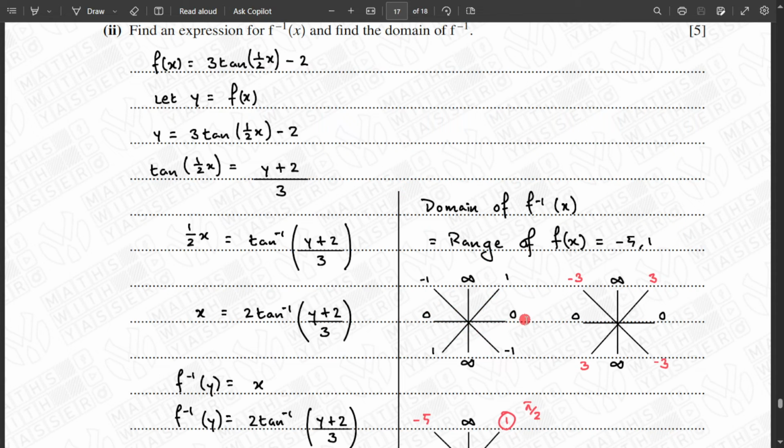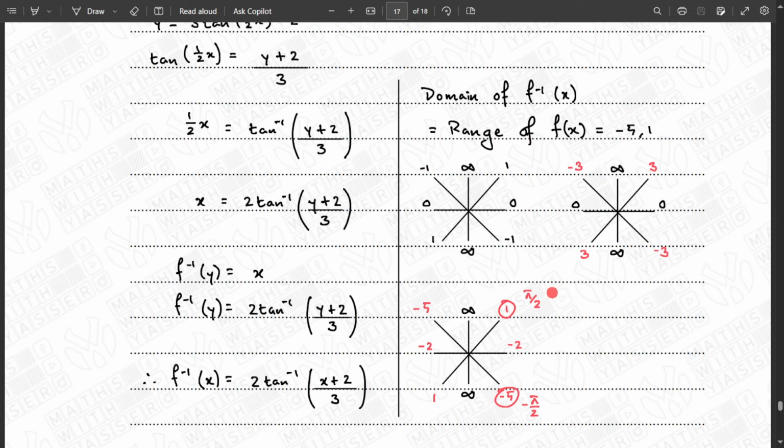This is the original grid where we have 0 at 0 degrees, 1 at 45 degrees, and infinity at 90 degrees. So when we have 3 getting multiplied, all these values will remain the same except this. It will become 3 times 1 is 3, and this will remain 0 because 3 times 0 is 0.